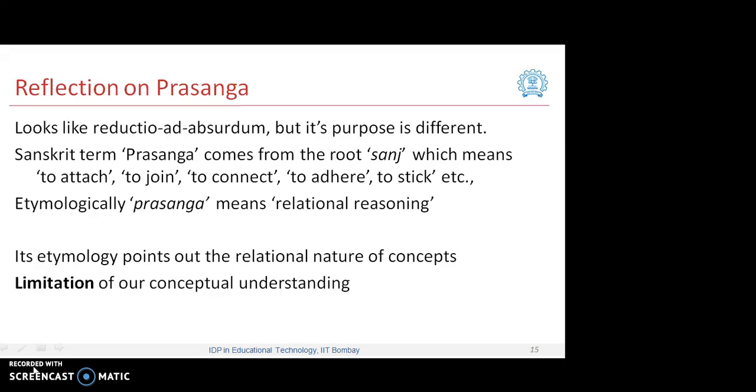The purpose is to suggest that the arguments are dependent on the relational character of concepts, and that is pointed out by the etymology of Prasanga. And this shows that merely by considering concepts, we cannot understand the reality.